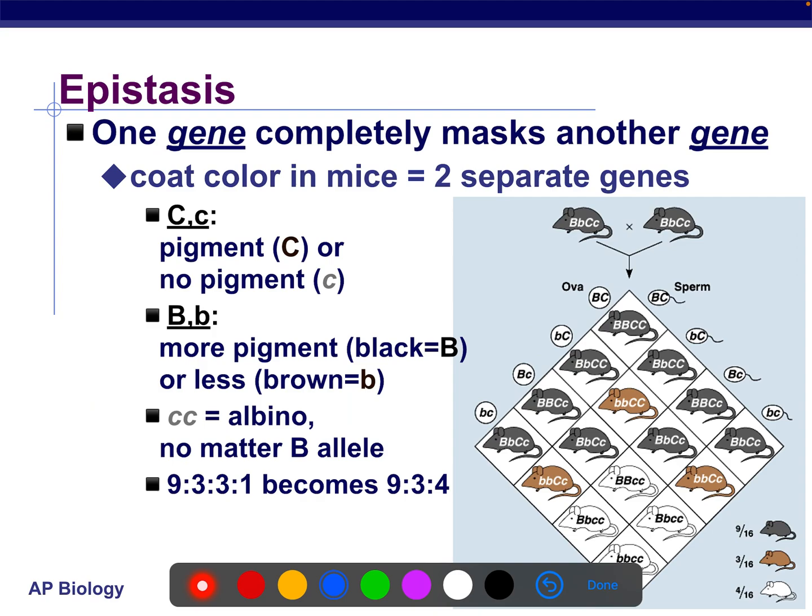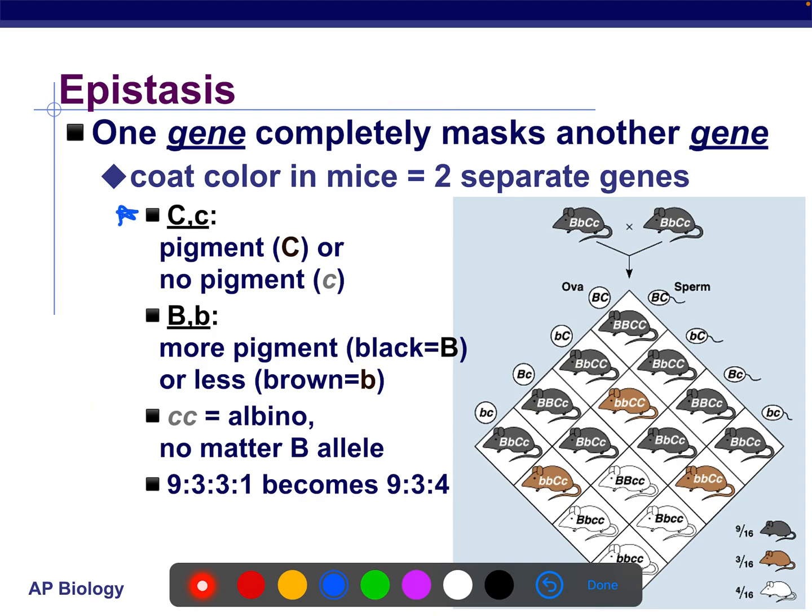Epistasis is interesting. This is a way that a lot of different coat colors are determined in different types of animals. But epistasis is when you have one gene that is going to mask another gene. It's two separate genes, but one kind of talks over the other one. In mice, this works with two genes.